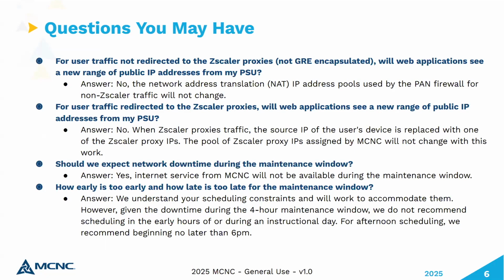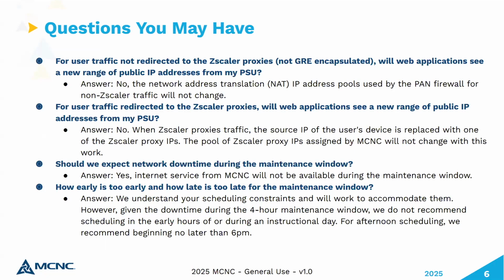So some of you that have IP addresses registered, maybe for IP authentication with some web app, those NATed IP addresses will not change. For user traffic redirected to the Zscaler proxy, so that is traffic that we're sending through Zscaler, will web applications see a new range of addresses for my PSU? Again, the answer to that is no. When Zscaler proxies traffic, the source IP of the user is replaced by a pool of Zscaler proxy IPs.